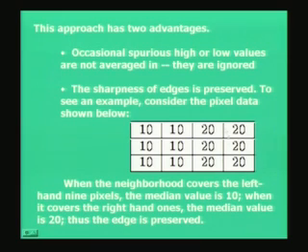When it covers the right hand ones, that means this set of 3 by 3 pixels, the median value is 20, which will be placed here, and hence the edge is preserved. So these are two important advantages of median filtering. It preserves edges and it removes the spurious noise.